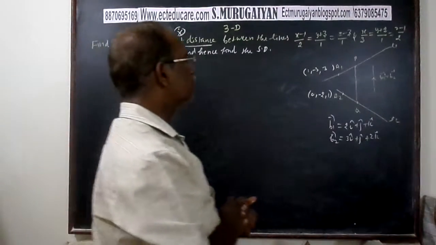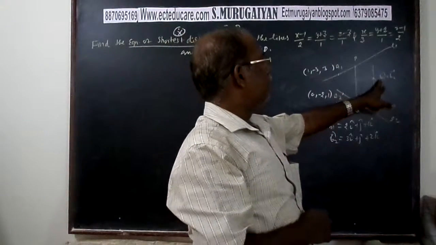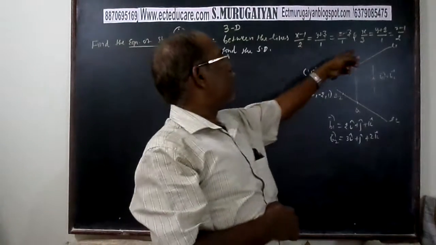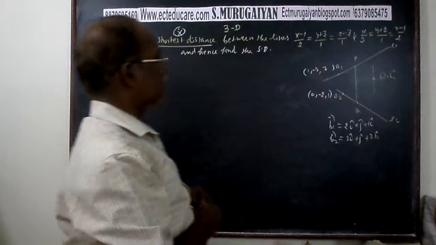Okay, so remember, the cross product of the two parallel vectors, B1 vector cross B2 vector, is always along the equation of shortest distance.